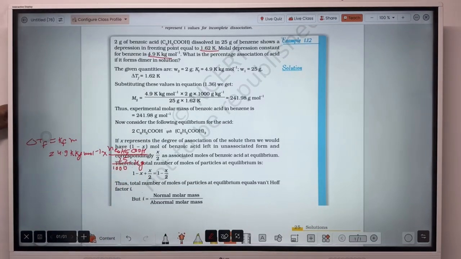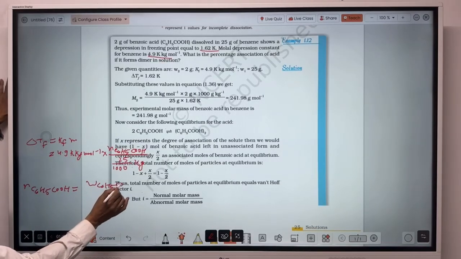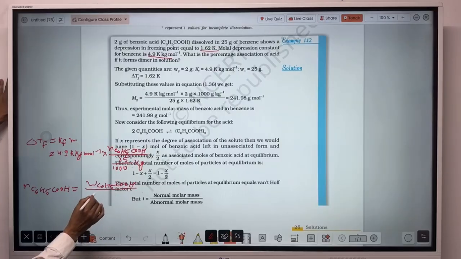So firstly calculate the number of moles of benzoic acid. The number of moles will be equal to the weight of benzoic acid given upon the molecular weight of benzoic acid.